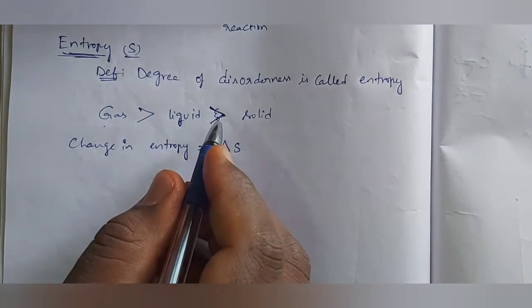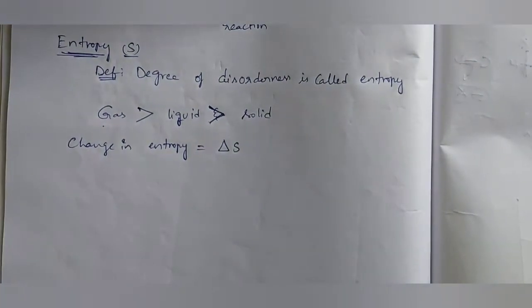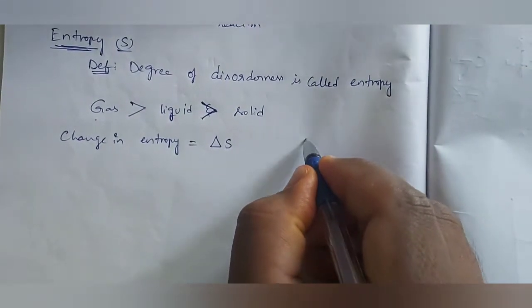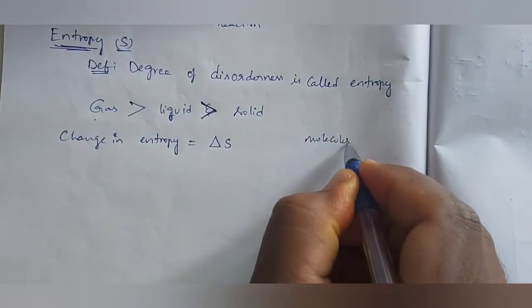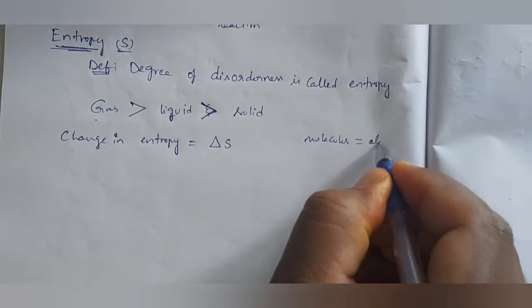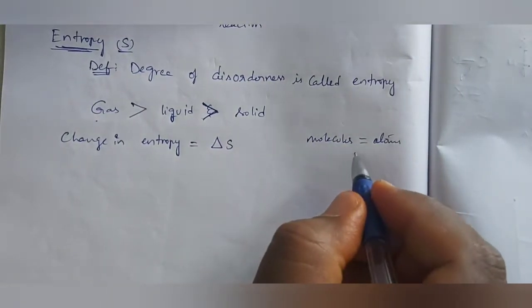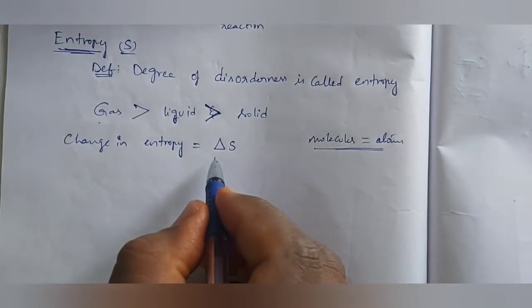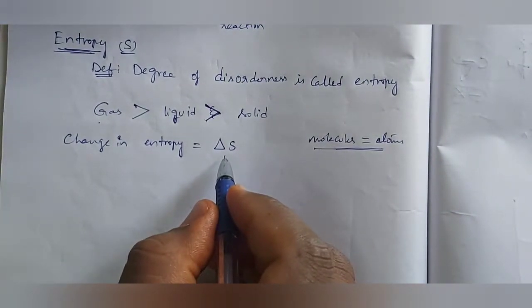Definitely when one state is changed to another state, or even when molecular state is converted to atomic state, molecules converted to atoms, any type of conversion finally leads to change in entropy, delta S.